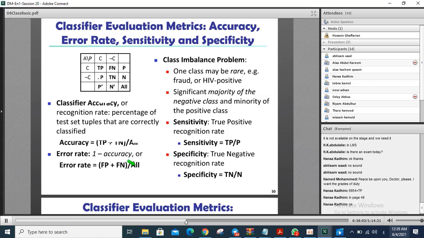But in most cases, datasets are imbalanced. For example, if I create a dataset about the conditions of COVID-19 among some people, I'm asking different people, have you COVID-19, or I test them, okay?